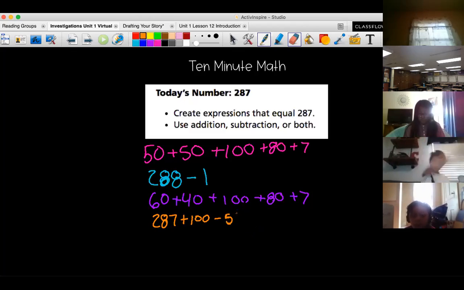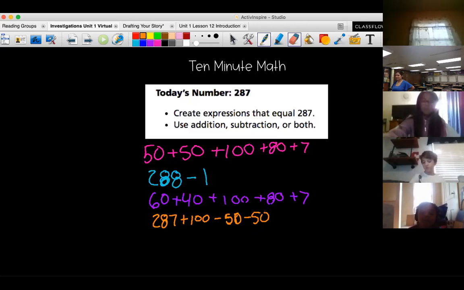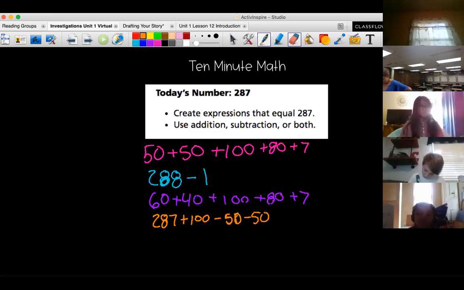How'd you know that that equals 287? So I just put 287, then plus the 100, and I did minus 50 because 50 plus 50 is 100, and then I'm trying to take the 100 away. So I did minus 50s, and then it equals 287.